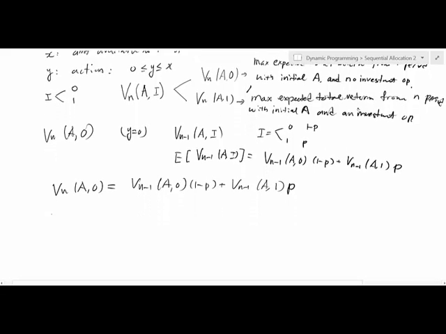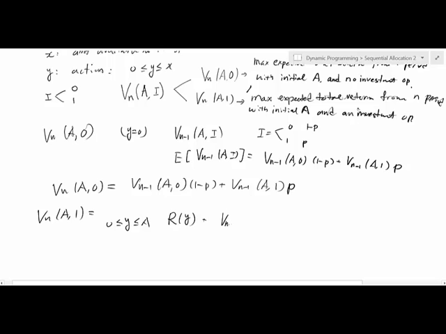Now we need to find Vn(A,1) separately, and now we can invest y, with y less than or equal to A and bigger than or equal to 0. If we invest this much, we have a return of R(y). And then in the future we have A minus y left. But now we don't know what the investment chance will be next time, so we look at the expected value.